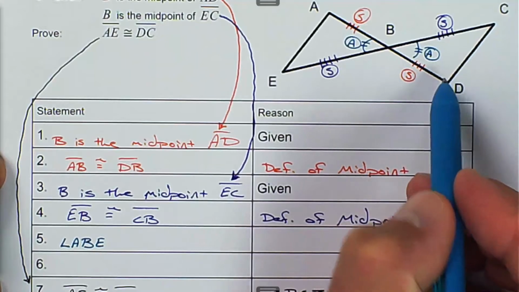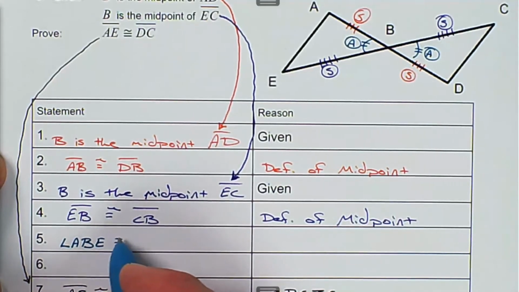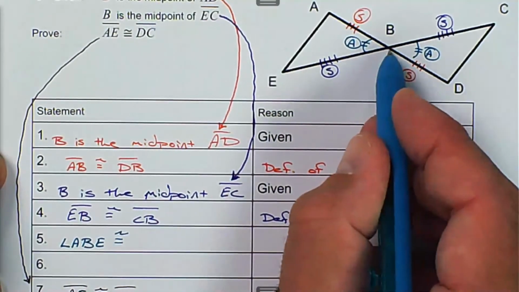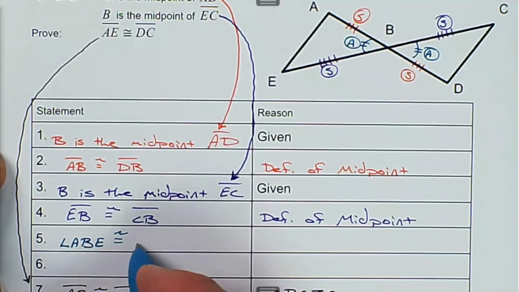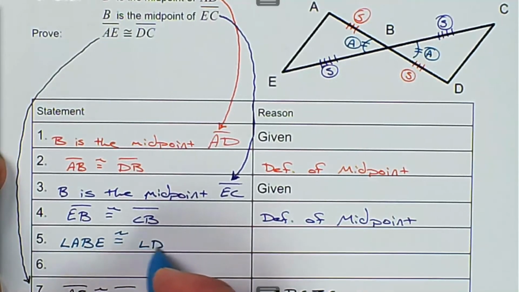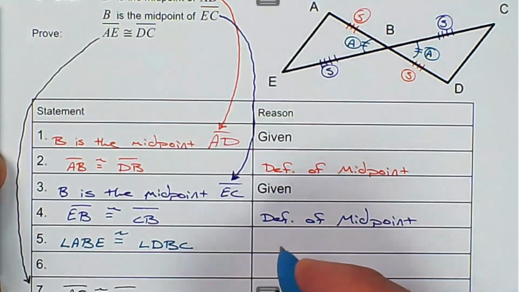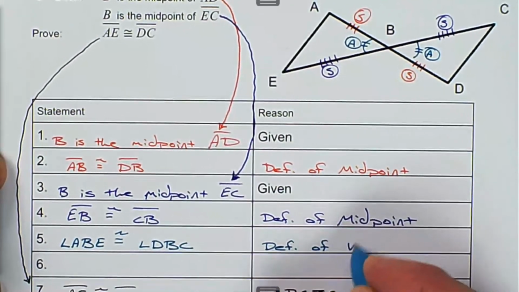We have to name this angle the same way. 3 congruent marks to 4 congruent marks. So that's going to be angle DBC. And we said that the reason we can mark that is because of definition of vertical angles.